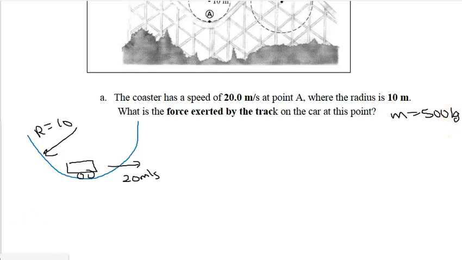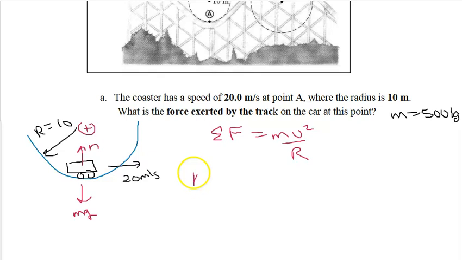So the track is pushing, which is in, and the earth is pulling down. So you have sum of the forces equals mv squared over r. You have the normal minus the weight. And we want the normal.